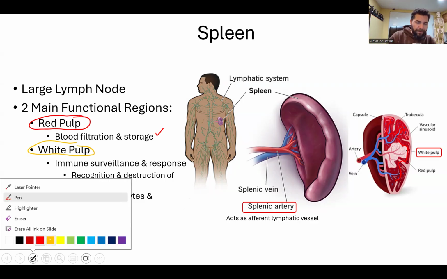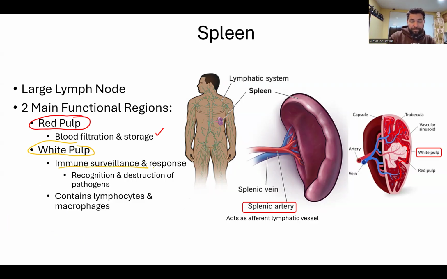And then you have the white, which is our immune surveillance, right? Blood gets pushed through here, and we have lymphocytes and macrophages. Just think of it like a big lymph node, right? Where we can recognize and destroy pathogens and baddies that are coming through. That's pretty much it. But the white part, the white pulp, is the immune component of it.